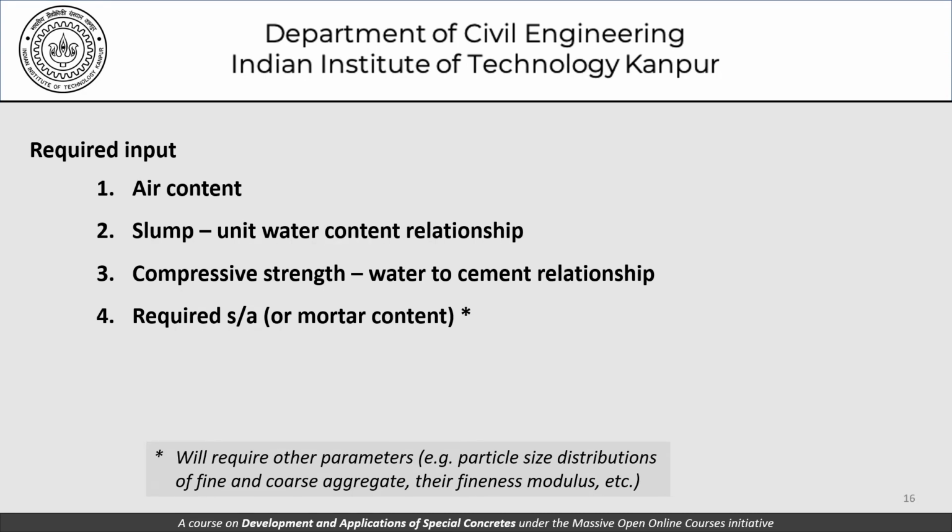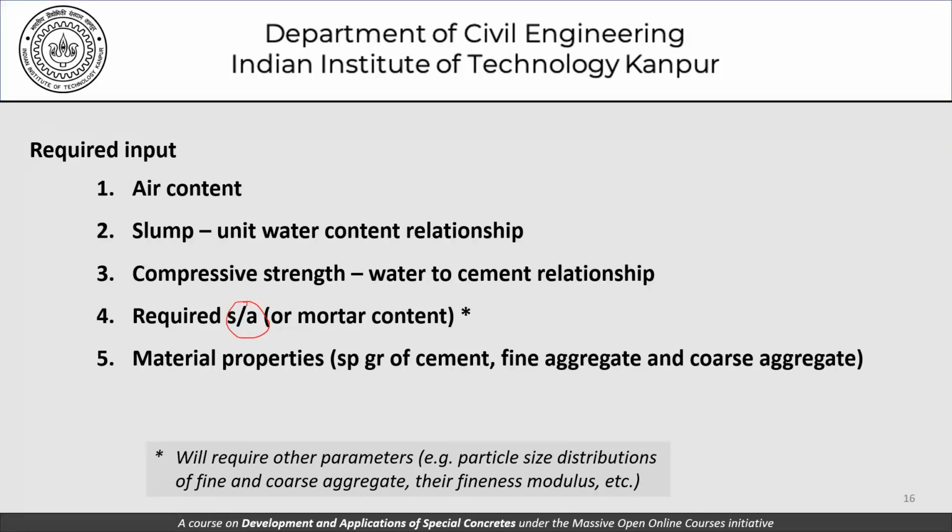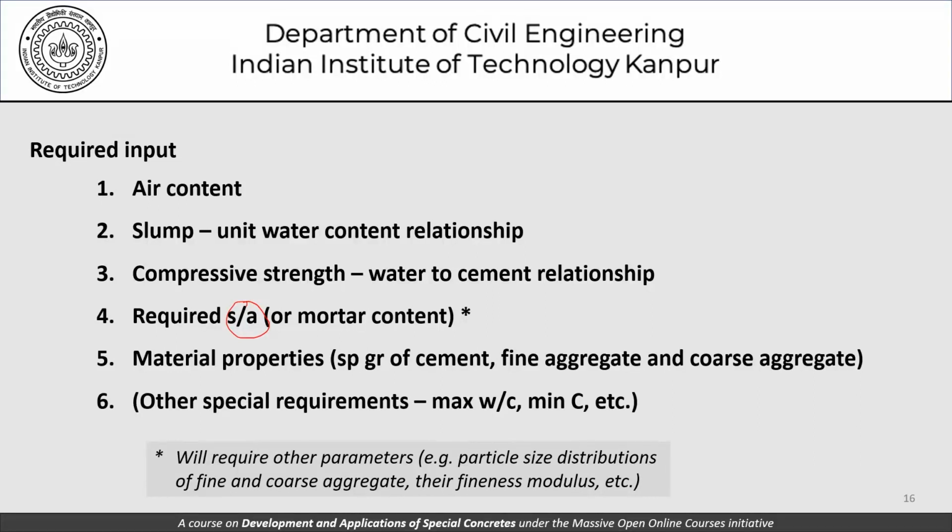We'll of course require other parameters like the particle size distributions of fine and coarse aggregates, their fineness modulus, so that we are able to start with an S by A value. Material properties, which is specific gravity of cement, fine aggregate and coarse aggregate, and any other special requirements, that is maximum water cement ratio, minimum cement content, maximum cement content and so on. So with this data, we are ready to embark on our proportioning exercise.